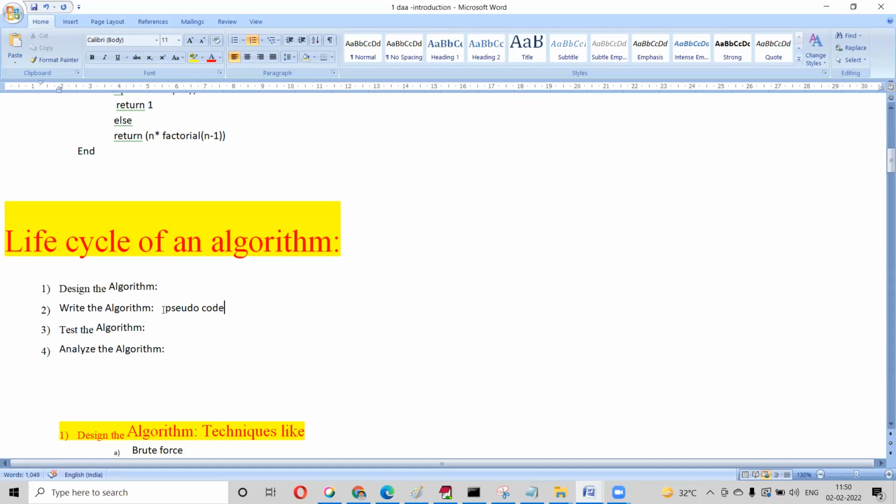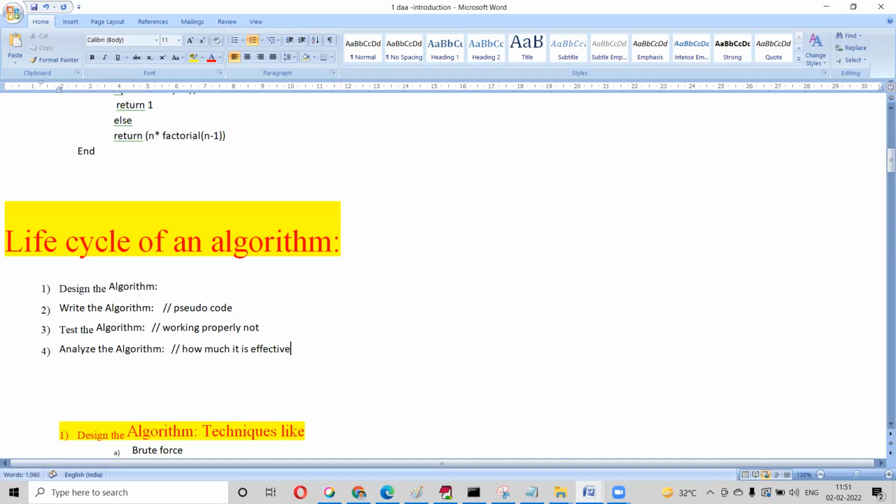I will tell how to write the algorithm rules in the next class. Once you have written the algorithm, test whether your algorithm is working properly or not by using test cases. Next, analyze the algorithm. In this analysis, we check how effective it is.